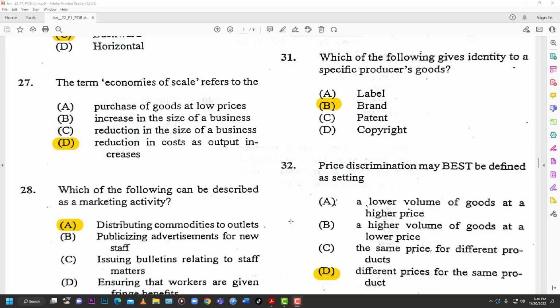The brand is a unique name and a unique image that gives an identity to a producer's goods, right? Apple is a brand, Samsung is a brand, Google is a brand, Meta is a brand. All those brands give you an idea or identity of that particular product.